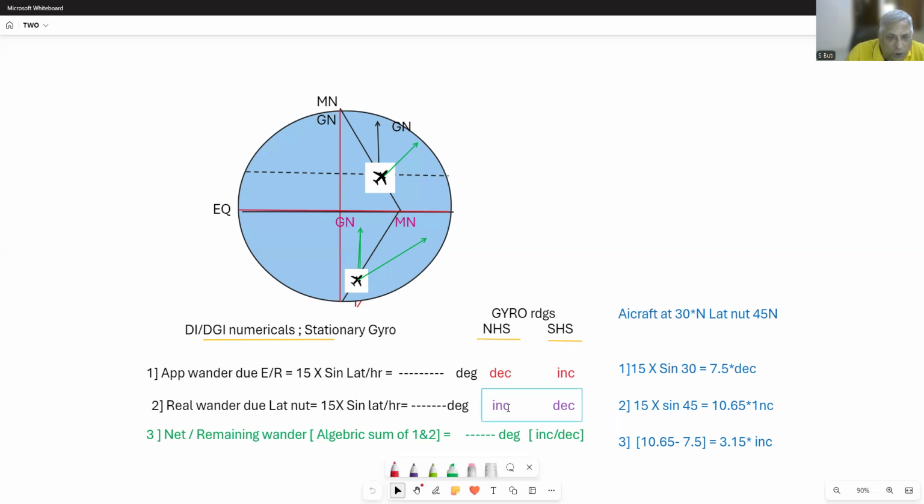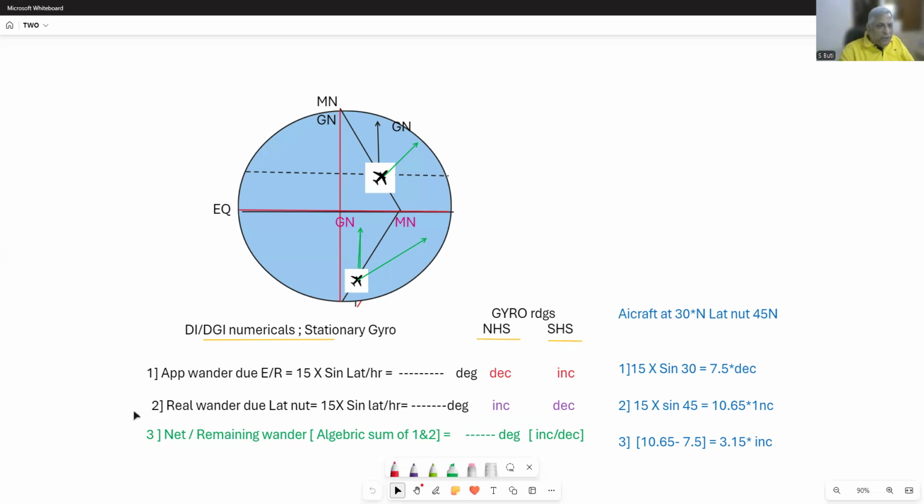If both these are decrease, add them up, or increase, add them up and write down decrease or increase. But if one is decrease, other is increase, then find out the difference, and whichever is more, that will be your net result, net wander.